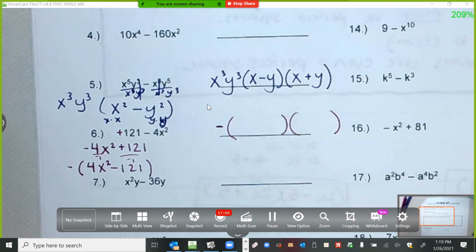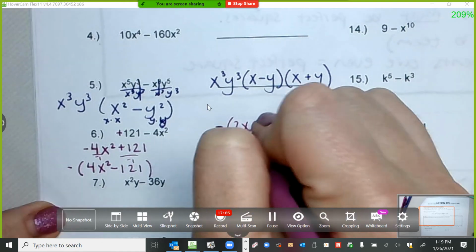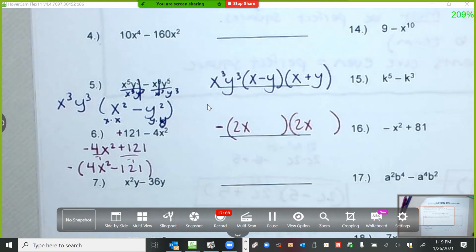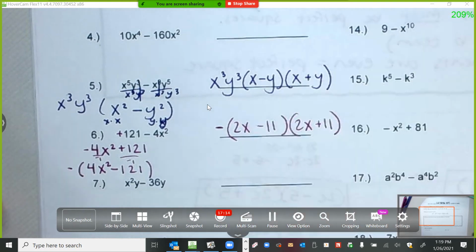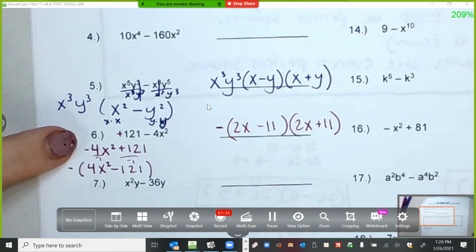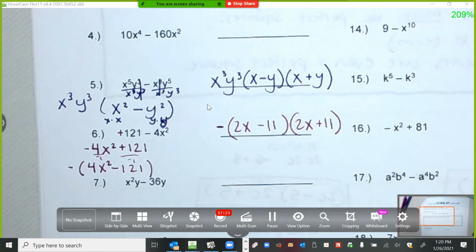What times what gives me 4x squared? 2x squared. So 2x and 2x. And what times what gives me negative 121? Negative 11 and positive 11. Anytime there's a negative at the front, you have to take it out. Okay?